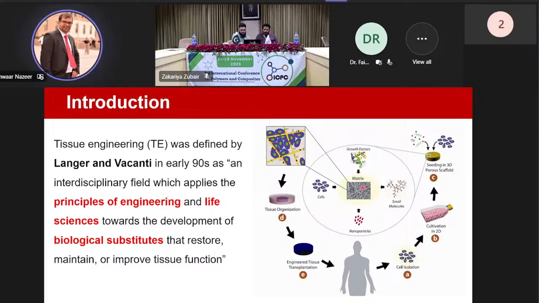After all these things, we get the organized tissue, and then we can implant this engineered tissue back into the body to restore, maintain, or improve the tissue function. So this is overall the cycle of tissue engineering and regenerative medicine working.